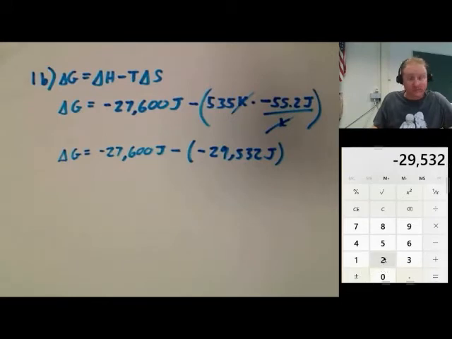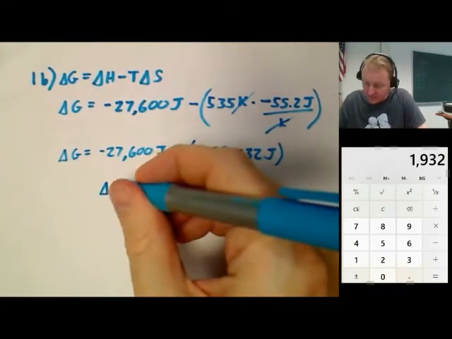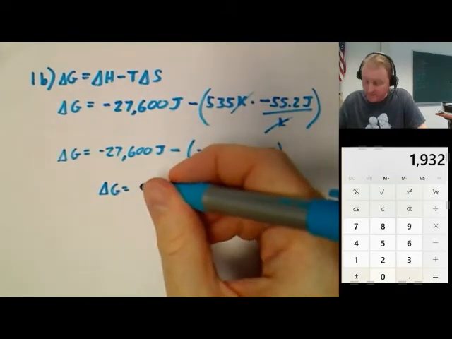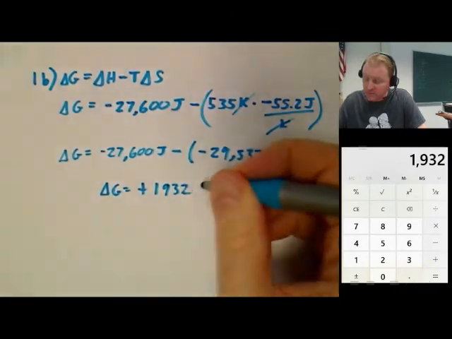So we have negative 27,600 minus 29,532, which is also negative, and we come up with the change in free energy is positive 1,932 joules.